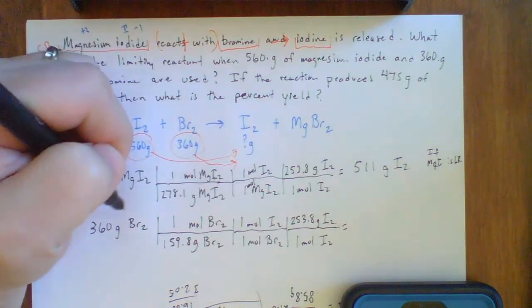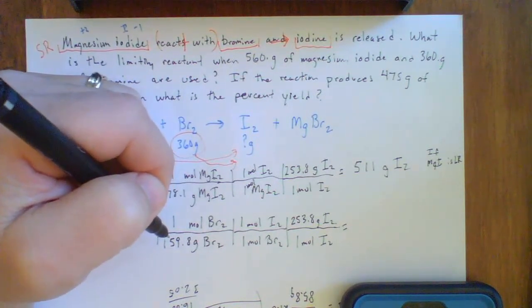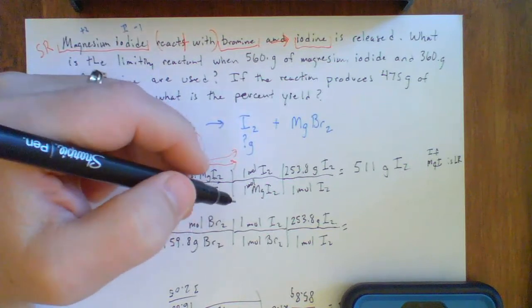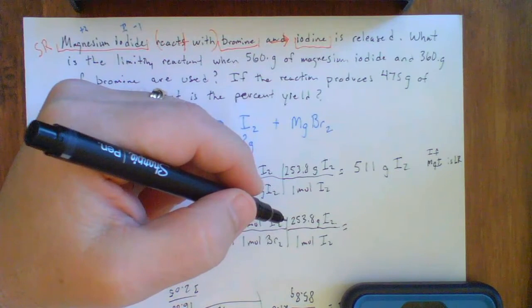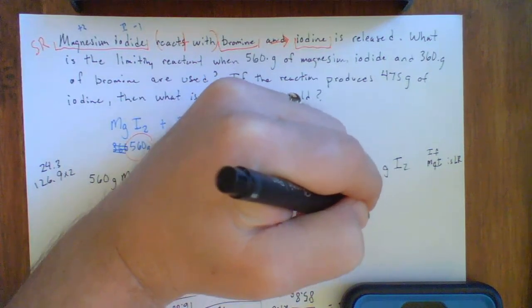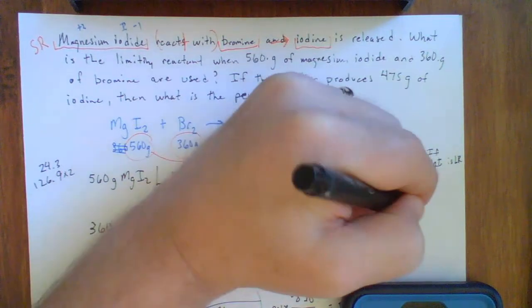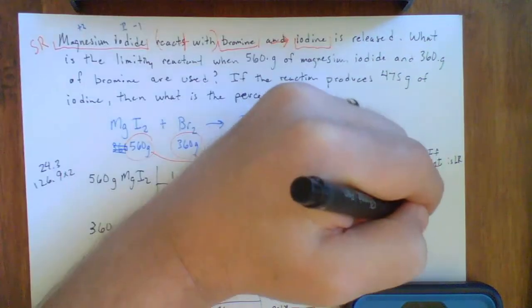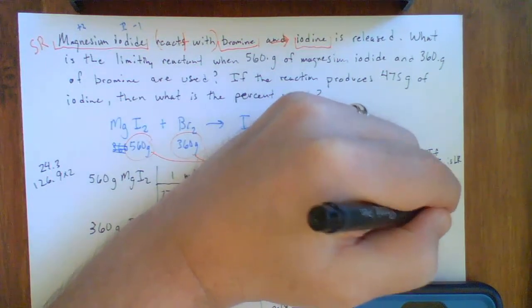All right, so now we just take our 360, divide that by 159.8, times that by 253.8, and it looks like we're going to make 572 grams of I2 if Br2 is the limiting reactant.